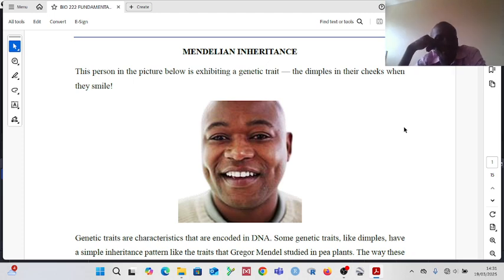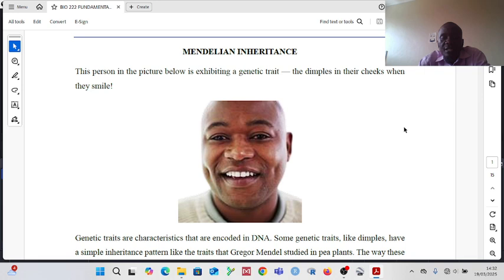On page 1 of your notes, you can see a portrait photo of someone. What is distinctive about this photo is the appearance of dimples on the cheeks of this person.